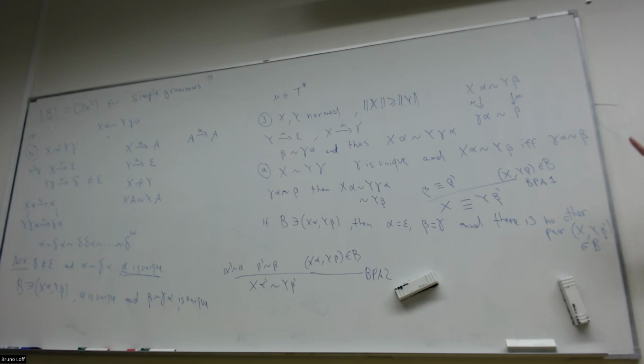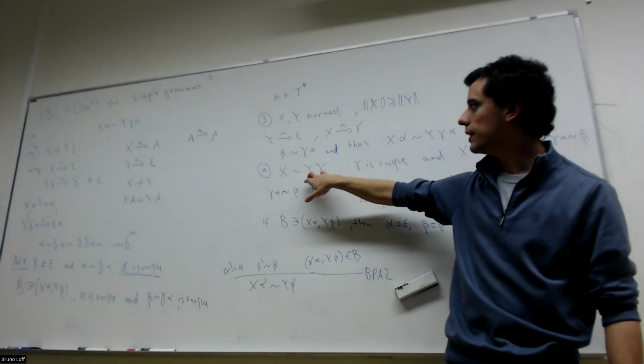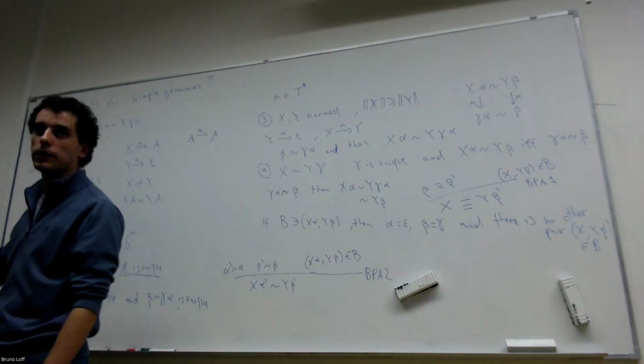So the new algorithm that I have actually works the other way around. You start with as few assumptions in B as possible, and each time you find a new pair, if it's something that is not yet in B, you add it to B. And then eventually, at some point, when X and Y are normed, now you need to guess: I don't know if X is bisimilar to Y gamma, or if X is not bisimilar to Y gamma.